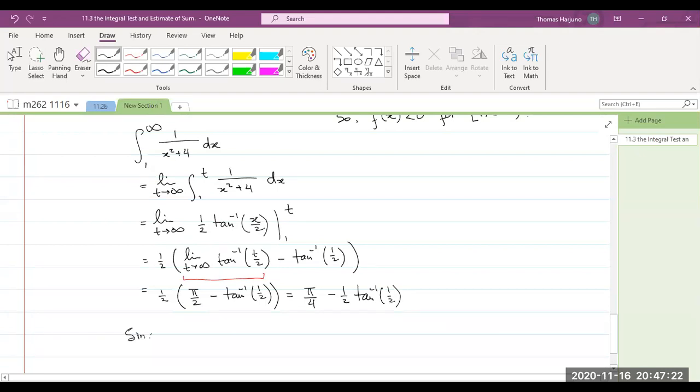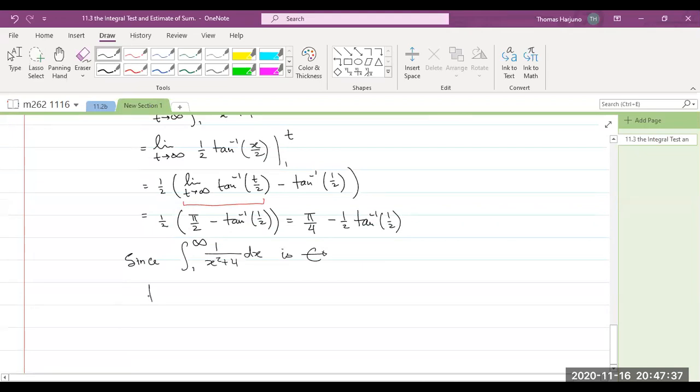Since the integral from 1 to infinity of 1 over x squared plus 4 dx is convergent, the integral of the superposition function is convergent, then by the integral test, the series is convergent.